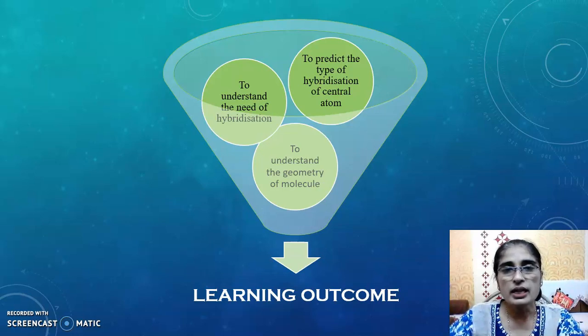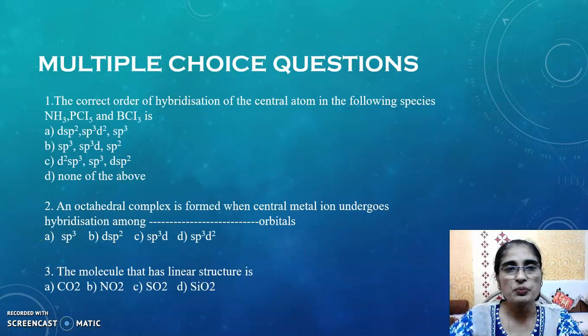Now the learning outcome is that we have understood the need of hybridization. We can easily calculate the type of hybridization of the central atom, and if we know the type of hybridization, we can easily predict the geometry of the molecule.